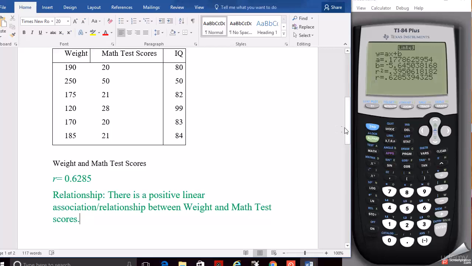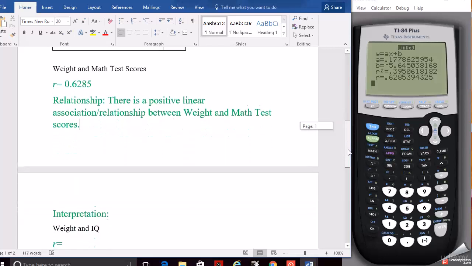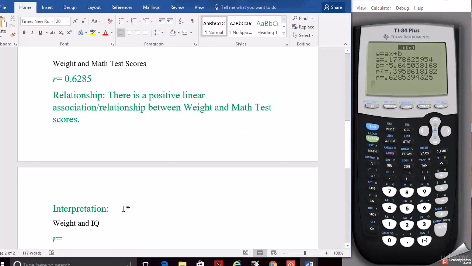What do we interpret this to mean? It means that as weight increases, math scores increase. That's the interpretation. So this is a positive relationship. We can consider this as moderate because of the value 0.6.